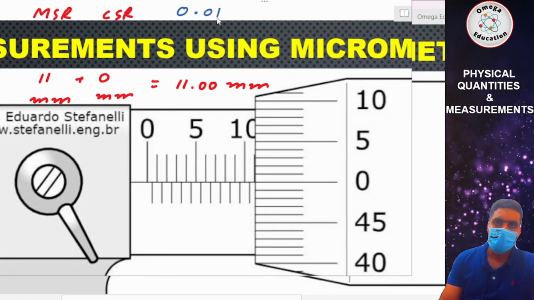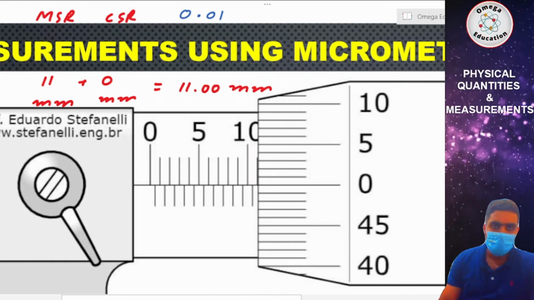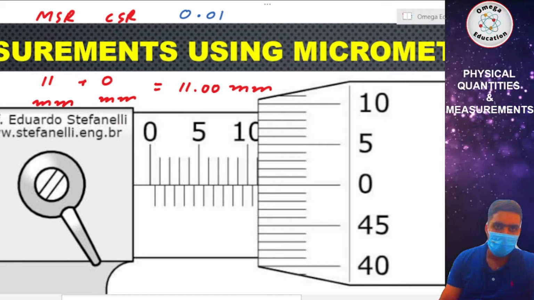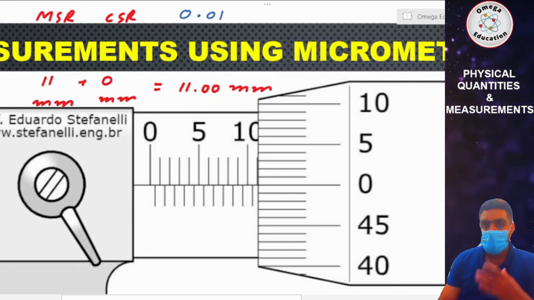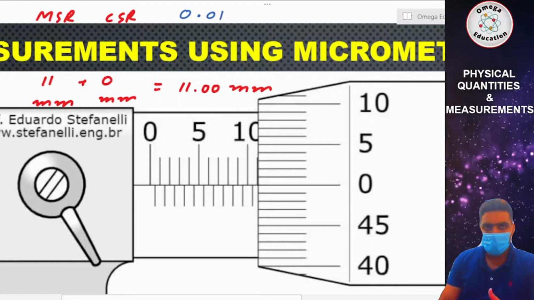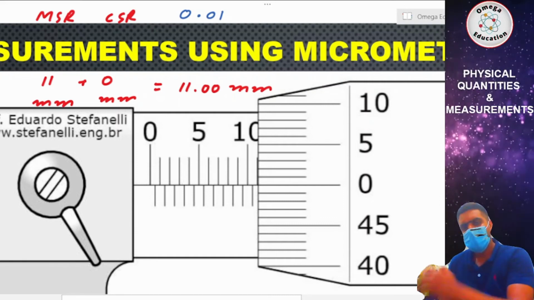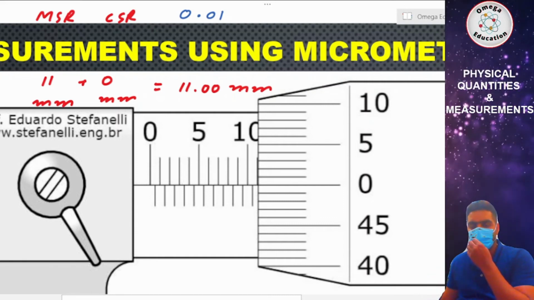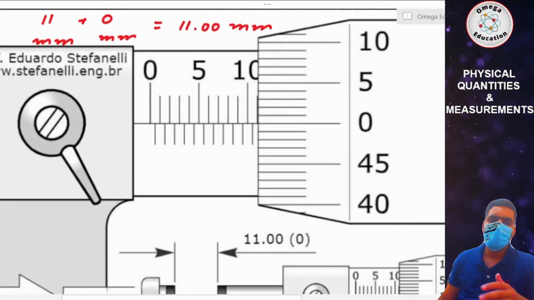So we have written 0.00 because we don't want to give the impression that we were not able to measure the reading after that. We want to specify that we were able to measure the reading to two decimal places, but the reading was 0. So once again, at your stage and O levels, 11 would be acceptable, but the better way would be to write 11.00.